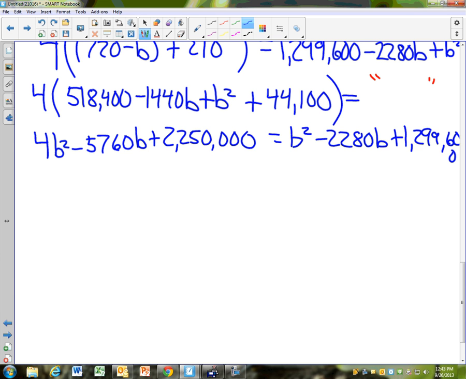Okay, so let's put everything on the left-hand side. Let's subtract the b squared, and what do you end up with? 3b squared. So my b squareds are gone. Now let's add 2,280 to negative 5,760. What do you get there?